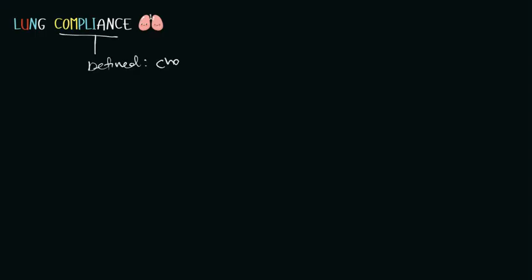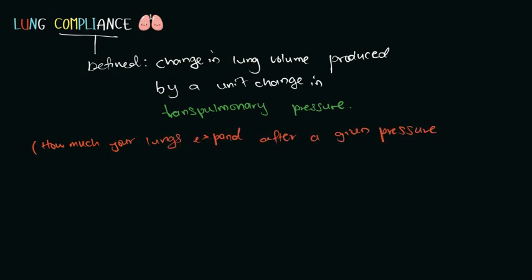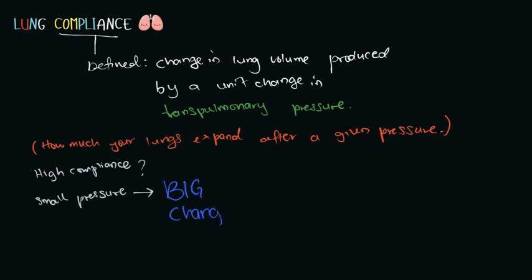So let's talk about lung compliance. It is defined as a change in lung volume produced by a unit change in transpulmonary pressure. In other words, it's how much your lungs expand after a given pressure. So when we say a lung has high compliance, it means that when a small pressure is applied, a big change in volume is observed.